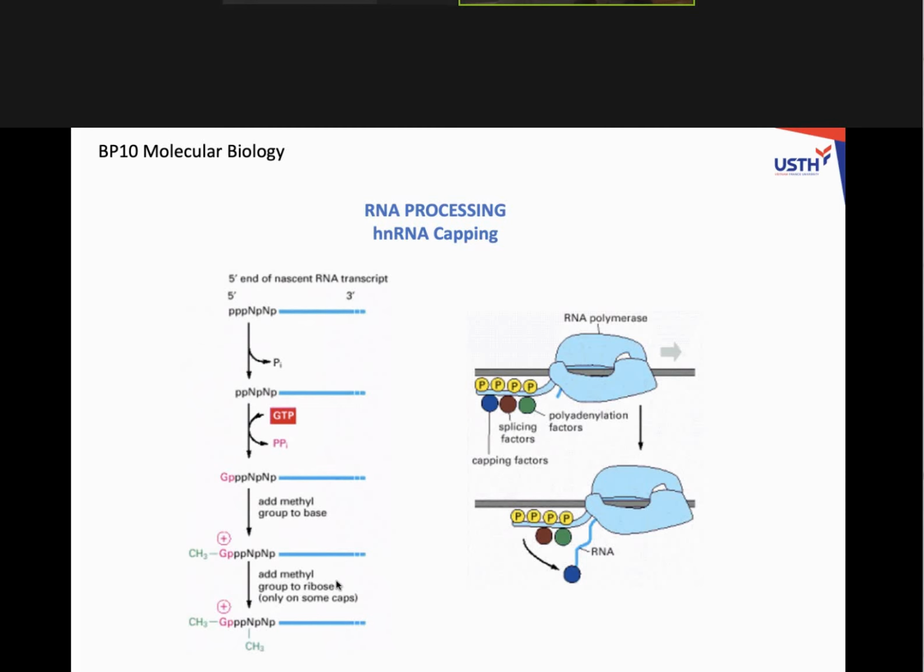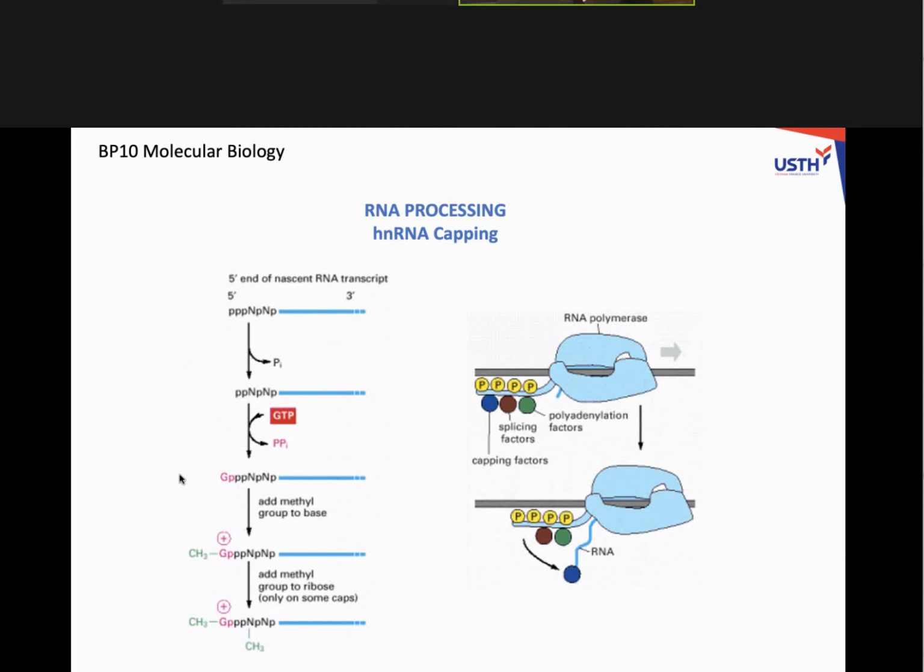So every RNA that is synthesized by Pol II has a cap. The function of this cap is mainly to stabilize RNA during the export into the cytosol before being translated. It can also be involved in regulation of translation, but it's a little bit more complicated.